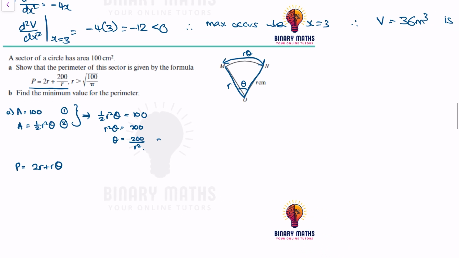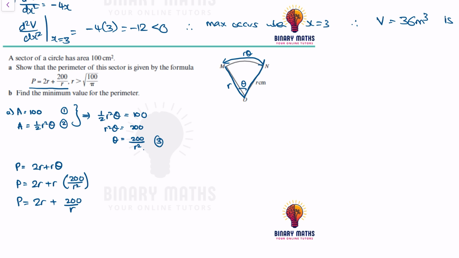So let's call this 3. We can replace theta with what we know from equation 3. So perimeter is equal to 2r plus r times 200 over r squared, which means perimeter is equal to 2r plus 200 over r, which is what we wanted to show.